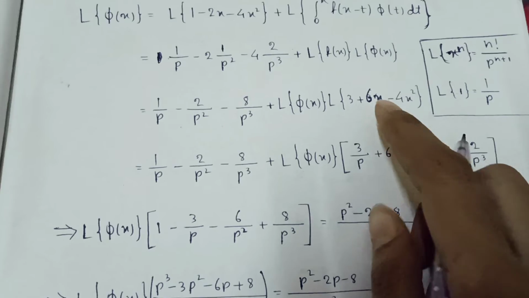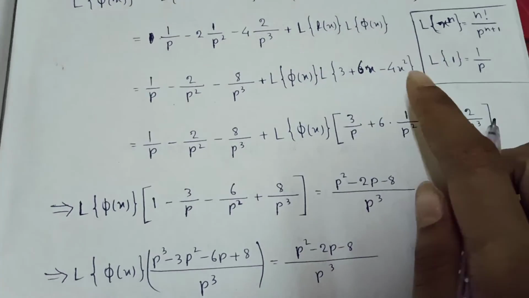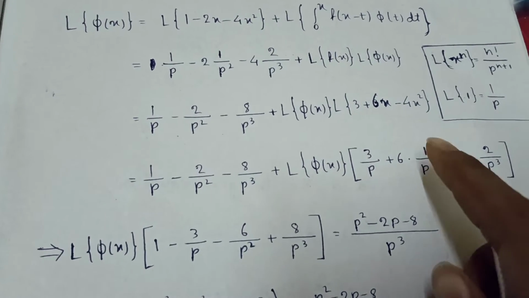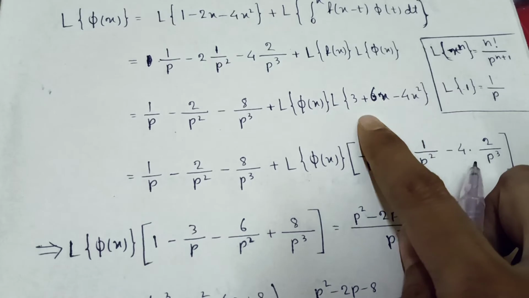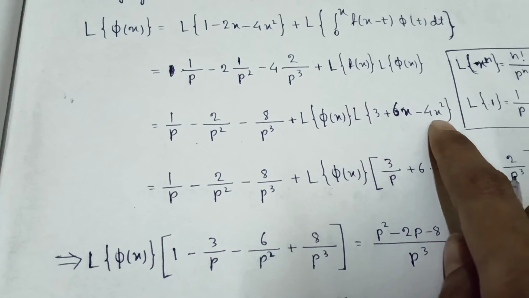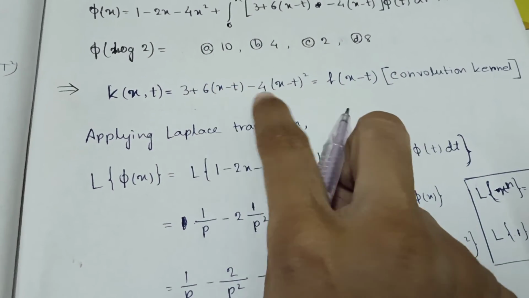In the next line I have written the value of f(x), which is 3 plus 6x minus 4x squared. Why? Here f(x minus t) was this function.